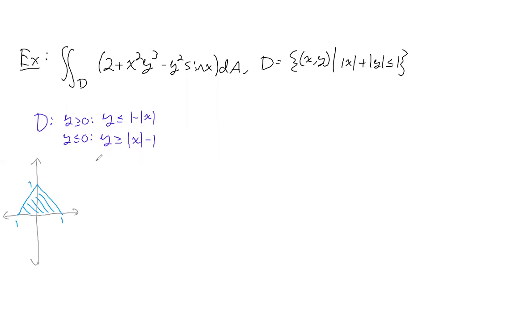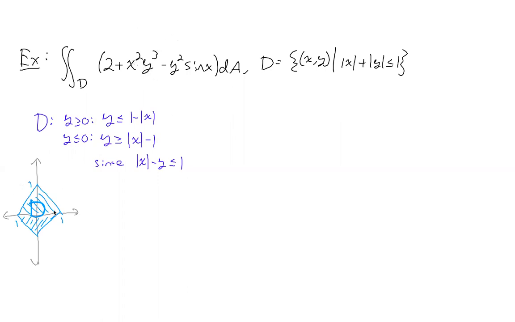Because that would mean that we've got absolute value of x minus y, because y is negative in this case, and we're talking about absolute values, is less than or equal to 1. And then you just do the algebra. So what that tells us is that we're now working in this lower part. So we get this diamond. This is D. This is going to be our region D in this case.